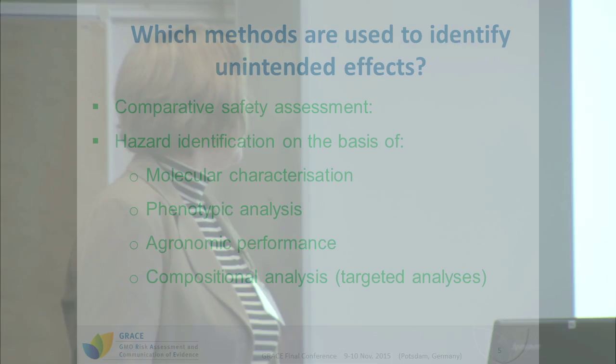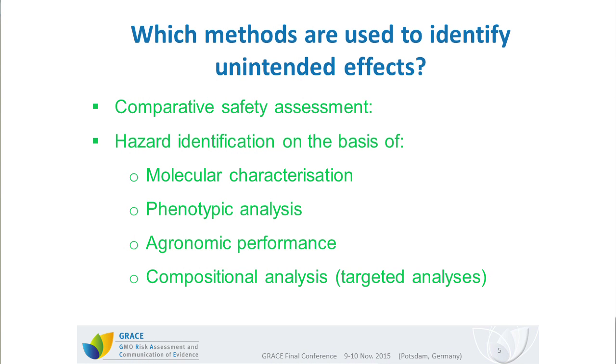So how do we assess these unintended effects in practice? Well, up to 2013, this was basically done in this way. So we had 4 ways of looking at these unintended effects. The first approach is to look at the molecular characterization of the introduced genetic construct, but also at the flanking regions of the construct.